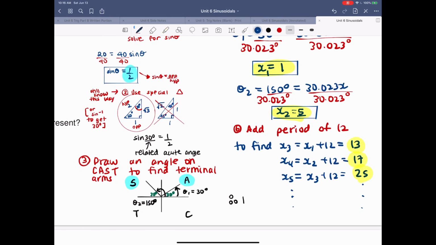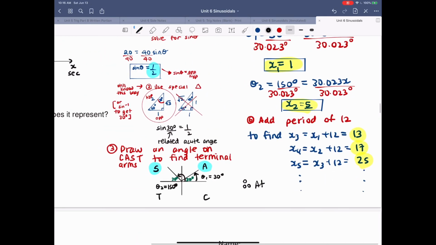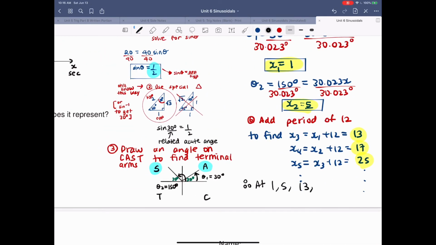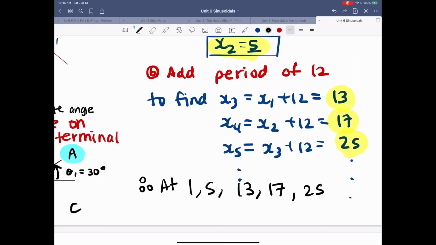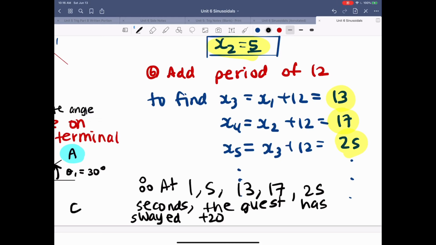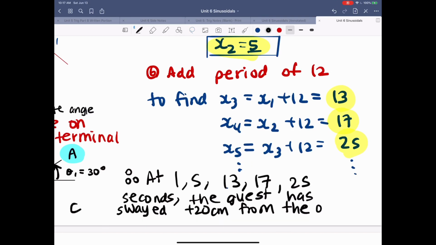And you could say that the answer is, so therefore at 1, 5, 13, 17, 25 seconds, the guest has swayed plus 20 centimeters from the original.